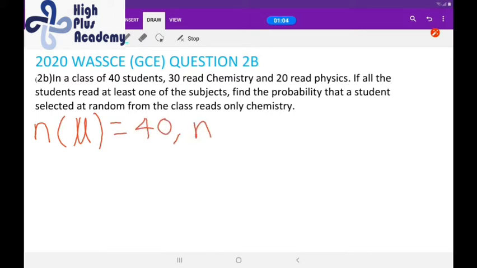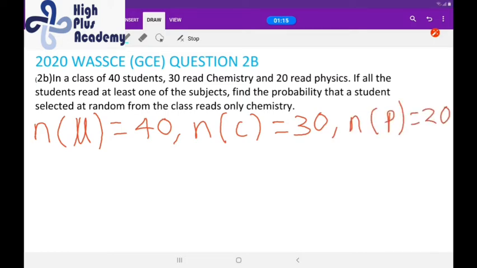30 read chemistry, so the number that read chemistry is 30. The number that read physics is 20. Now, if all the students read at least one of the subjects, find the probability that a student selected at random from the class reads only chemistry.